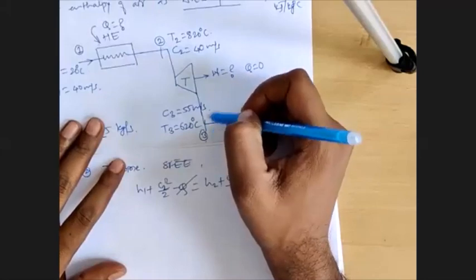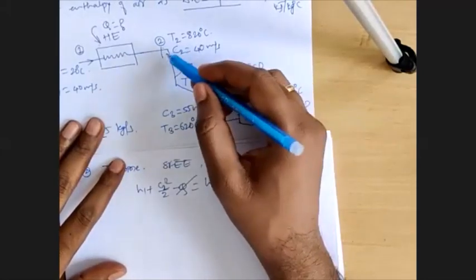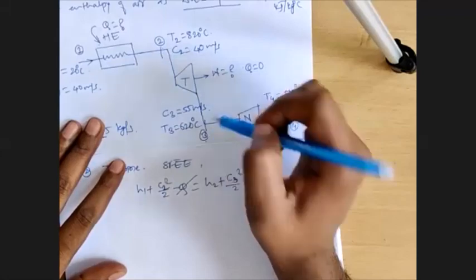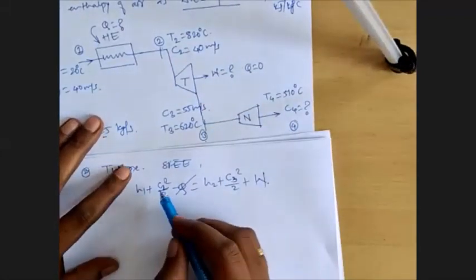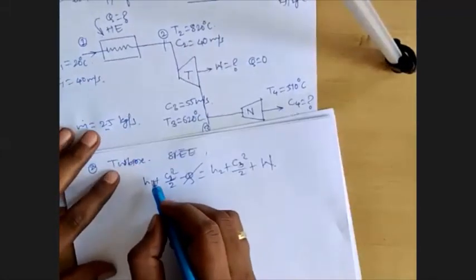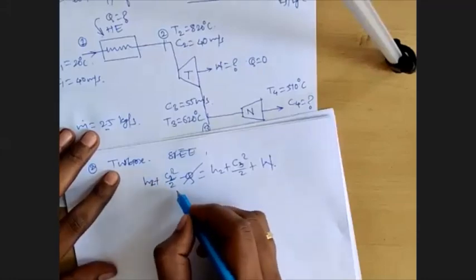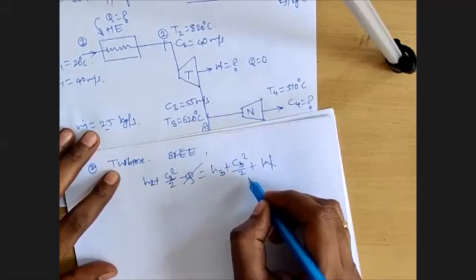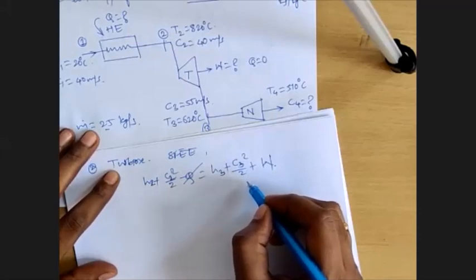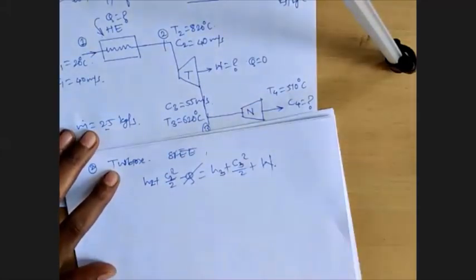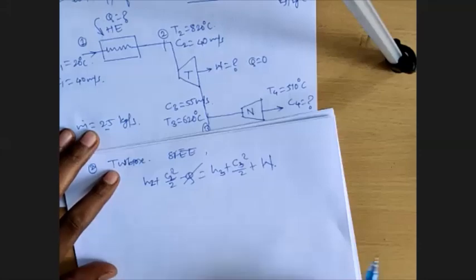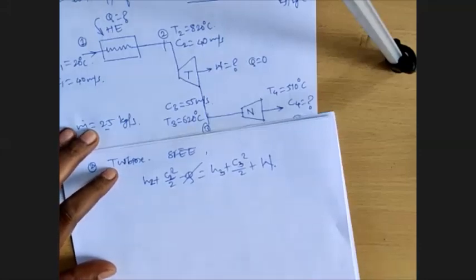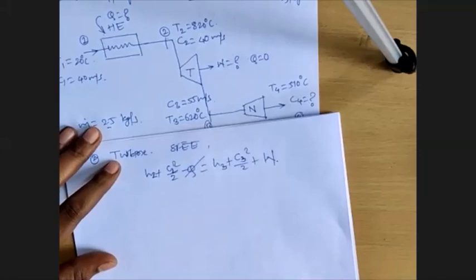So instead of C1, C2, it will become C2 and C3. So relation will be, let's change this H also. H2 plus C2 square by 2 minus Q is equal to H3 plus C3 square by 2. Is that fine? Or any confusion? That should be fine, right? Pratik, yes, sir. That is fine, okay?